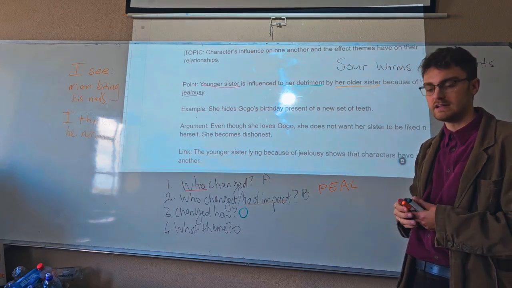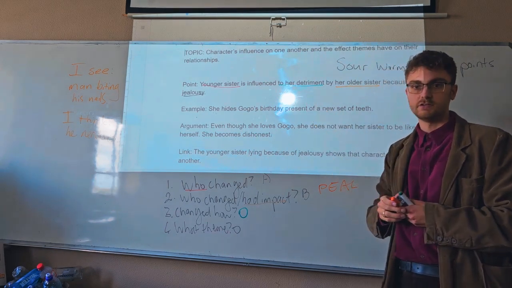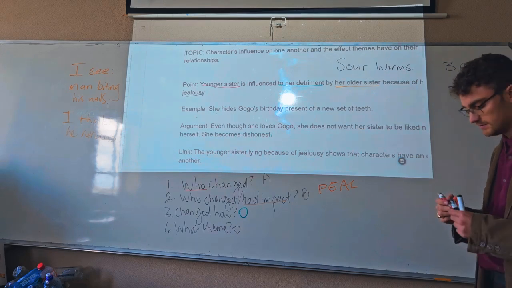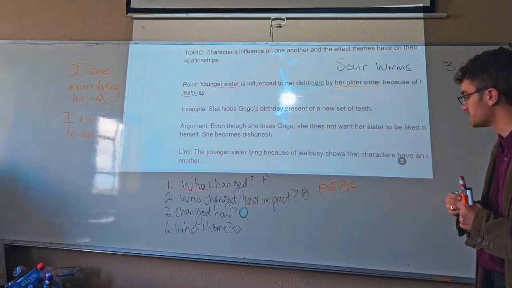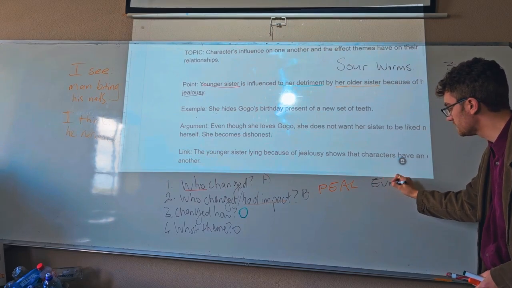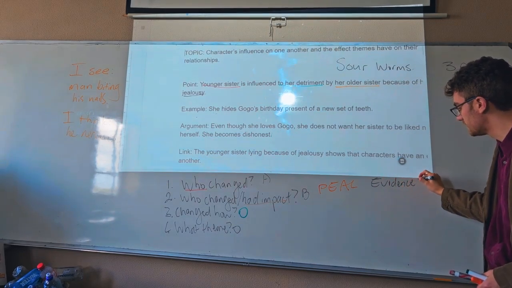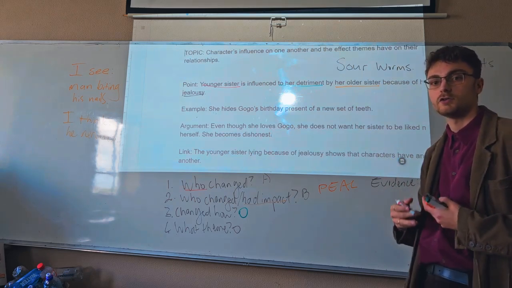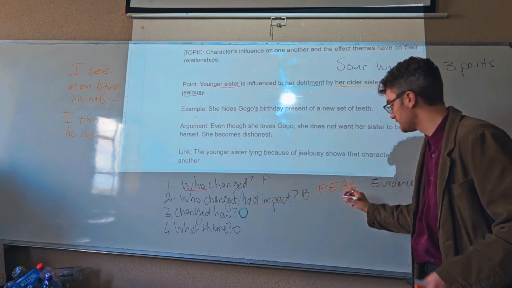So what did the younger sister do differently? So to try prove this, to arrive at our evidence, so to find the right evidence, we ask, what did that character do differently?